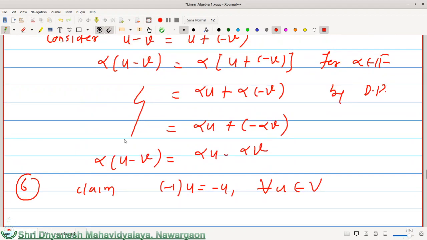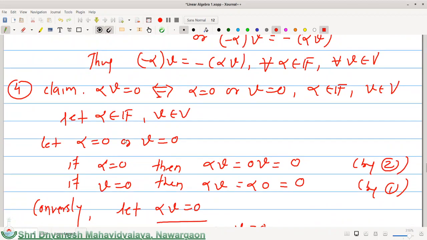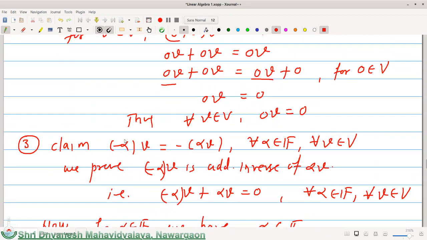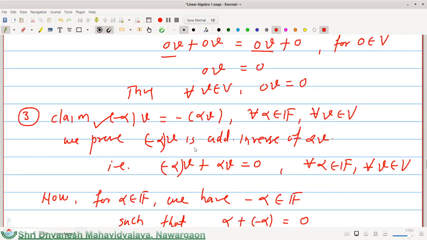Let me show you this. Number 3, minus alpha into v is equal to minus of alpha into v. If you put alpha equal to 1 here, you will get minus 1 into v is equal to minus of 1 into v, that is again v. So now your number 6 will be proved automatically.